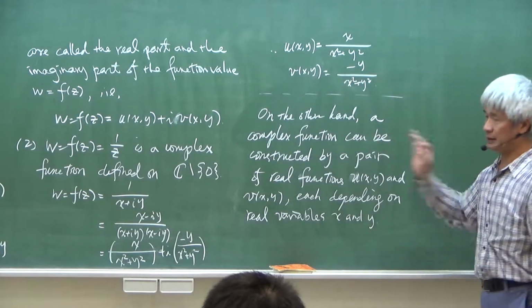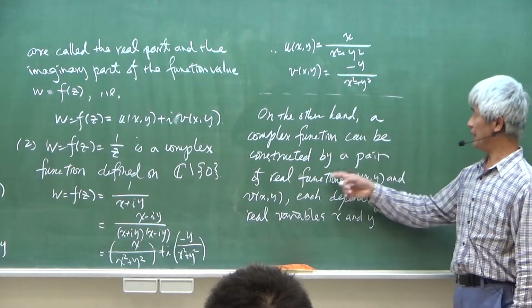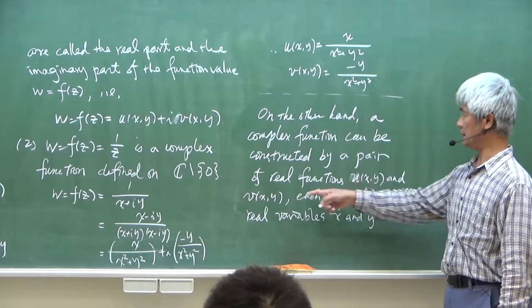So we can directly define a complex function by using a pair of real functions u(x,y) and v(x,y).